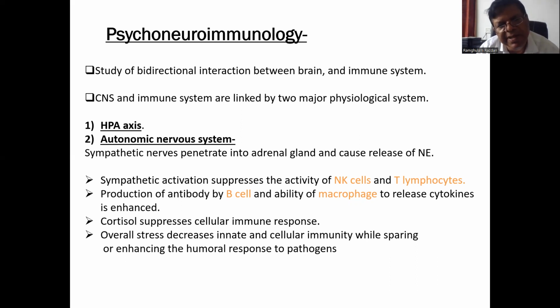Some sympathetic activity reduces the activity of NK cells, anti-lymphocytes, protection by antibodies, B cells, and the ability of macrophages to release cytokines are enhanced. Cortisol suppresses the cellular immune system, while stress increases innate and cellular immunity while sparing or enhancing the humoral response to the pathogen.